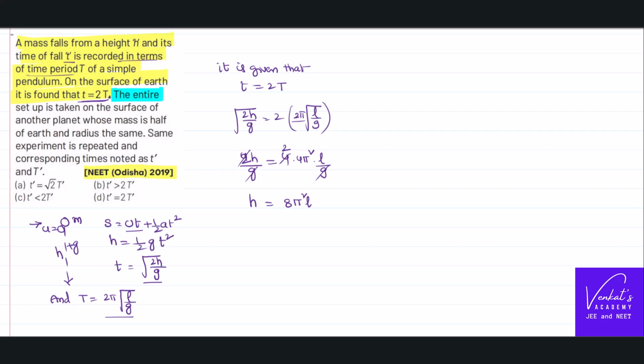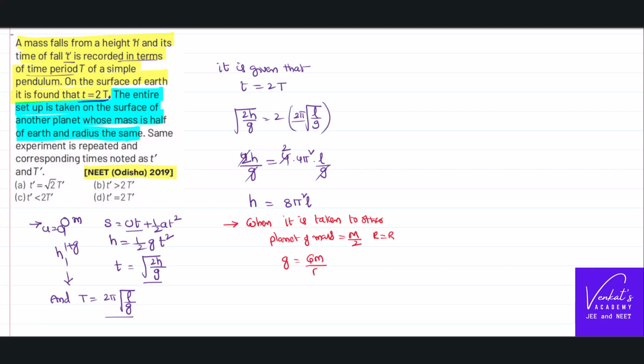The entire setup is taken on the surface of another planet whose mass is half that of the Earth and radius is the same. So let me go to that part of the problem. When it is taken to another planet of mass M by 2, radius same, acceleration due to gravity changes.